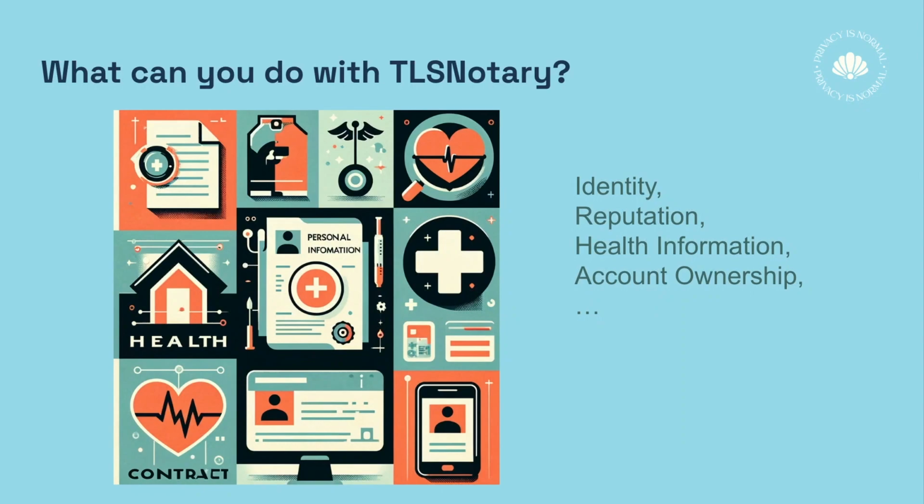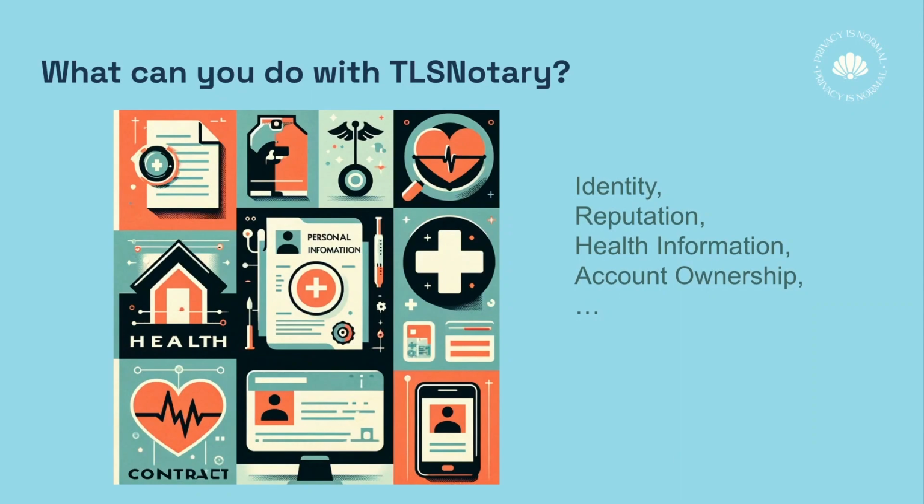So this was actually a very artificial example. The data on the Swapi server wasn't even really private, but you can imagine for real use cases, what is private information that matters? It's identity information, reputation on websites like Airbnb if you want to reuse that somewhere else. Health information is an important one where everybody agrees that privacy is really important. You could also prove that you own certain accounts.